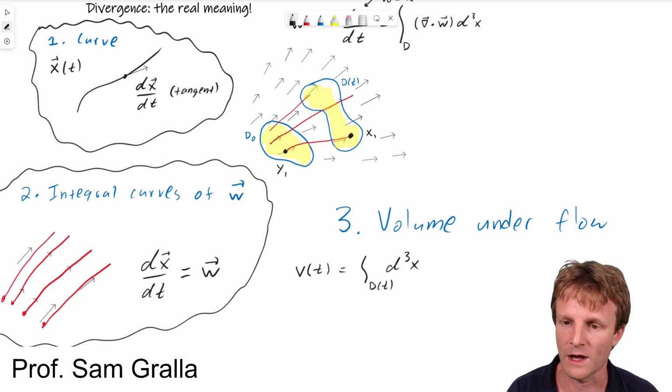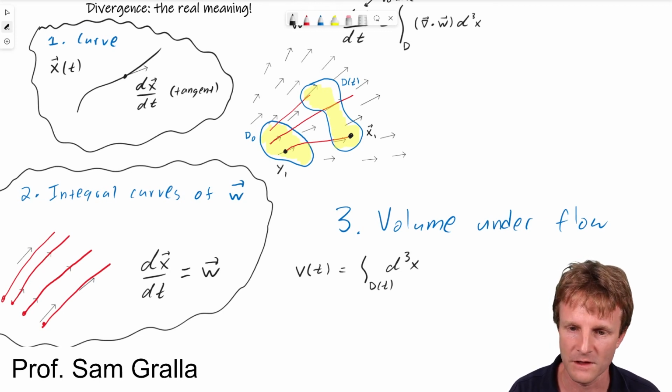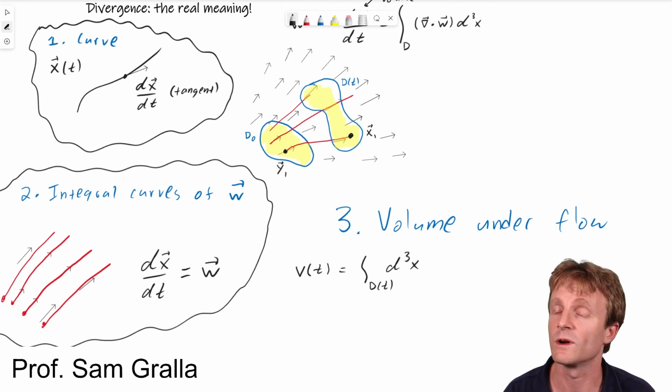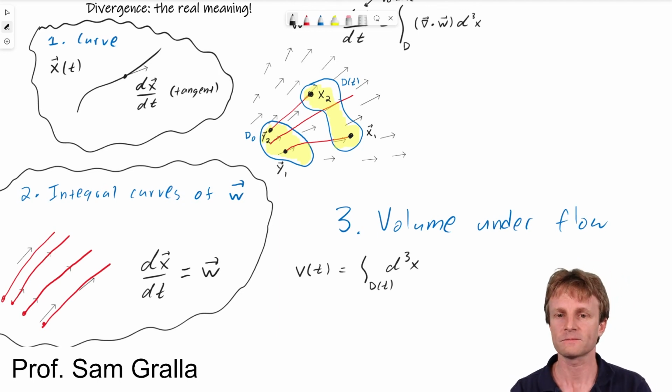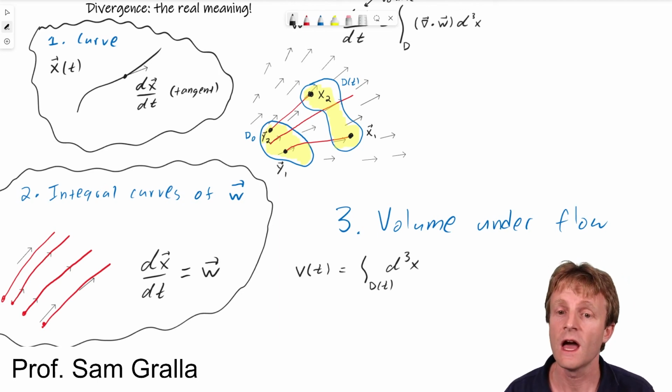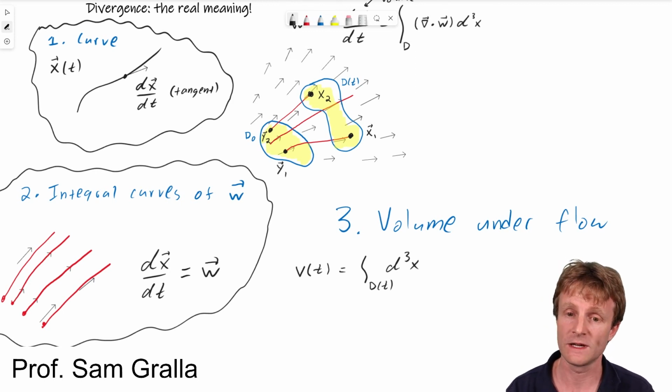I'm going to call that y1. These are both vectors since they're representing points in space. Okay, and we could take another point inside this volume, x2, trace it back, and call the original point y2. So now I have just a notation, but it helps me link the two regions.